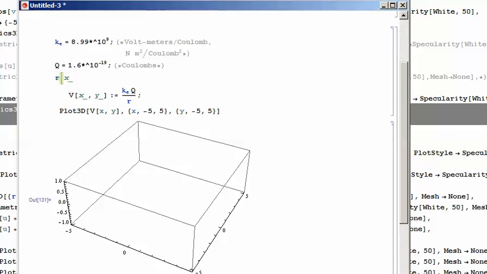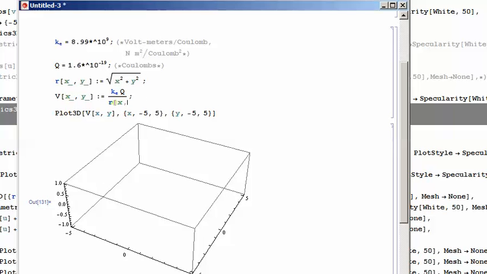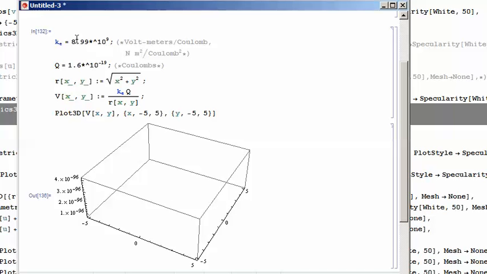r is a function of x and y, and it is equal to the square root of x squared plus y squared. So I will go ahead and make that a function of x, y and see if that comes up with anything. No, it seems to have a disagreement with me calling this k sub e.